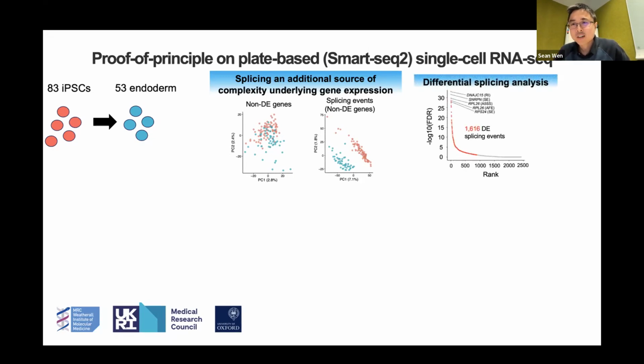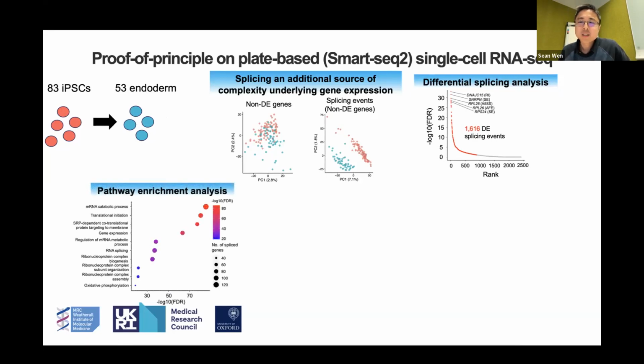The next is to do differential splicing analysis. This is just one way of how I like to rank my differentially spliced exons, but you can also do it in your typical volcano plot, which I'm actually doing these days. And so there were 1,616 differentially spliced events between these two cell populations.